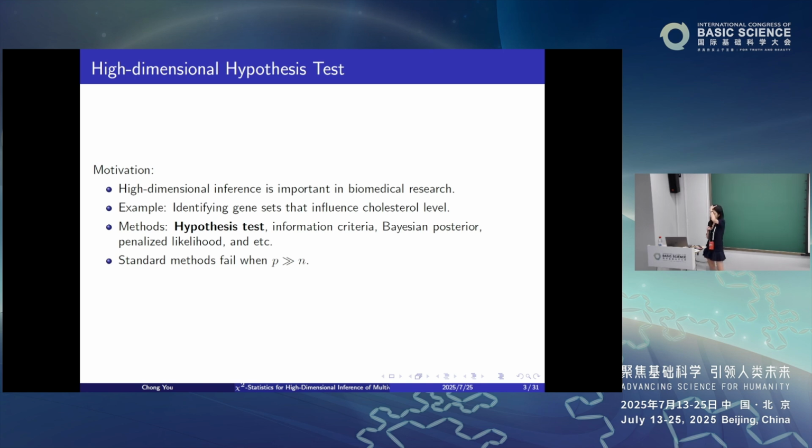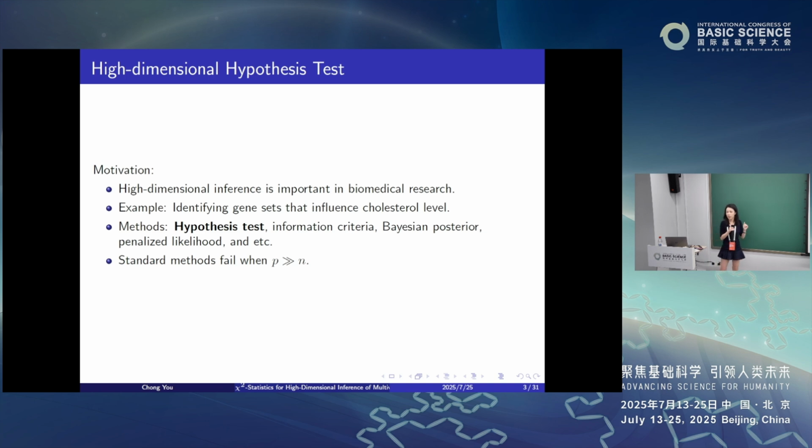There are various methods that can deal with those problems. For example, hypothesis test is one. Information criteria, for example AIC, BIC, is another. With Bayesian posterior, we can impose a spike and slab prior and get the posterior of the indicator variable. This is another method.